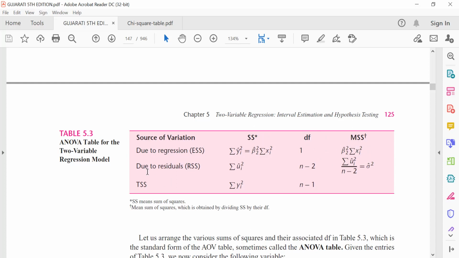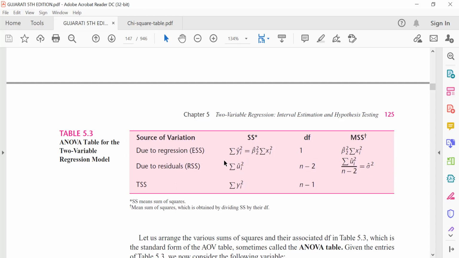Due to residuals, we have sigma u hat squared with n minus k degrees of freedom. If we divide it by n minus k, we get the mean sum of residual squares.